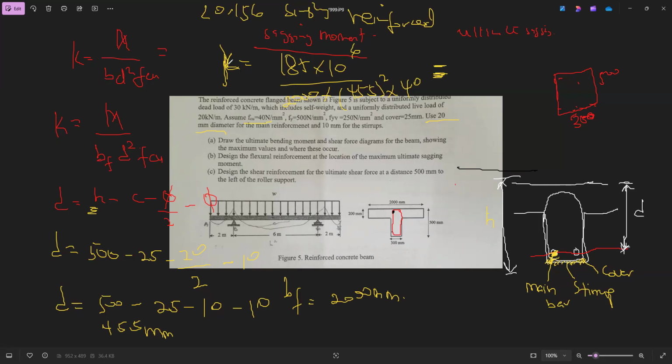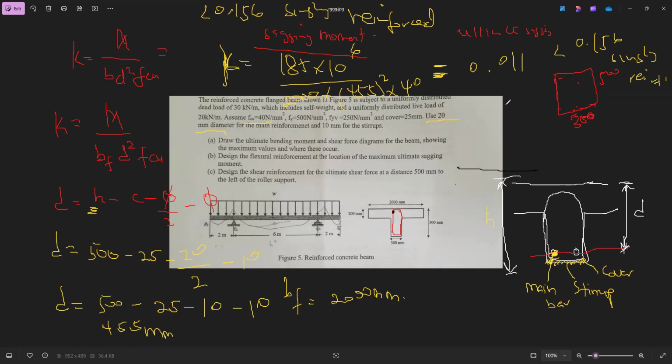Yeah, that's how we do it. So K is 0.011. Obviously it is less than 0.156, so singly reinforced. Is that okay?